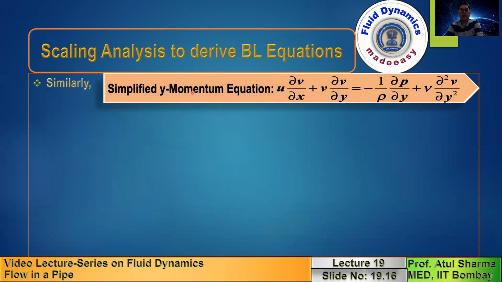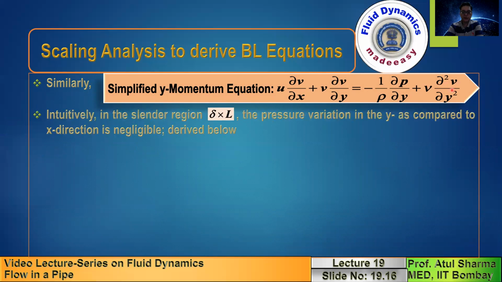Similarly, you can simplify the y momentum equation as this, where del square v by del x square is equal to 0. Now, since delta is much smaller than L, the region inside the boundary layer, delta by L, is a slender region, and intuitively the pressure variation in the y direction as compared to the x direction is negligible.